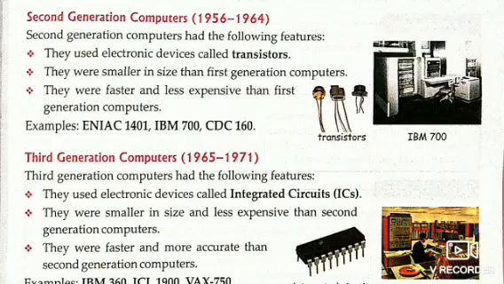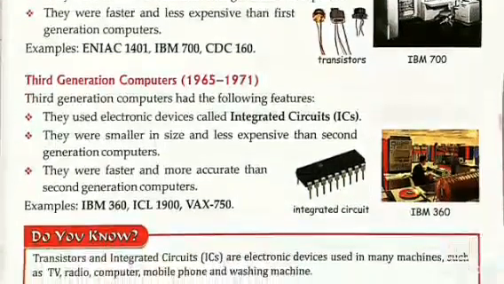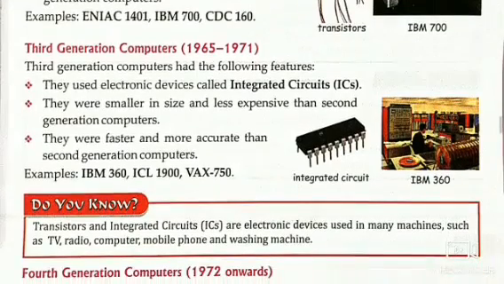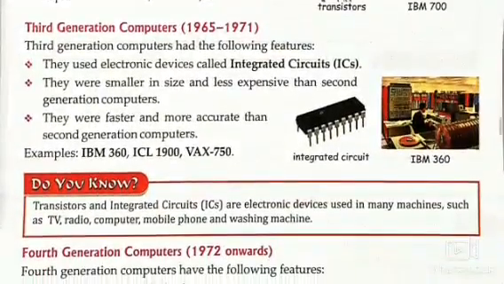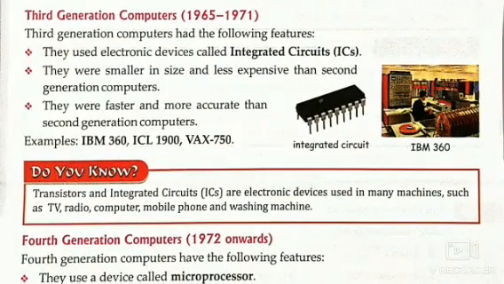Okay, and third generation computers were used in the time period of 1965 to 1971. Third generation computers had the following features. They used electronic devices called integrated circuits, means IC.